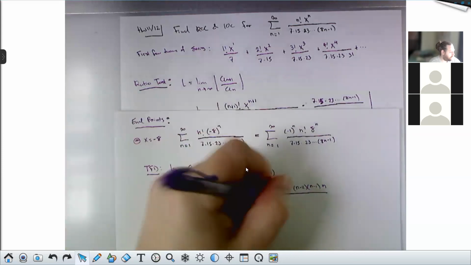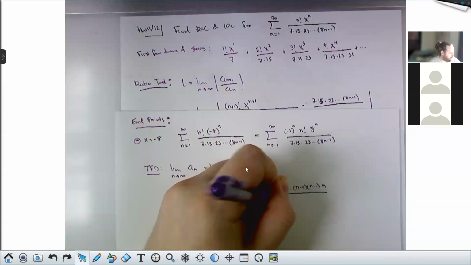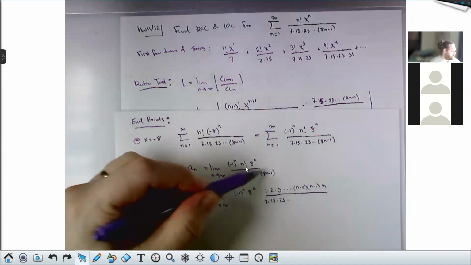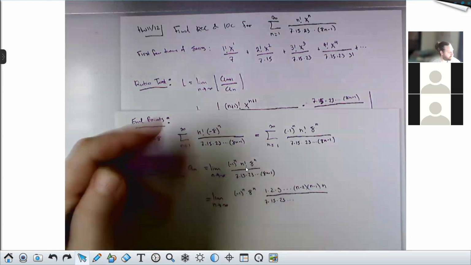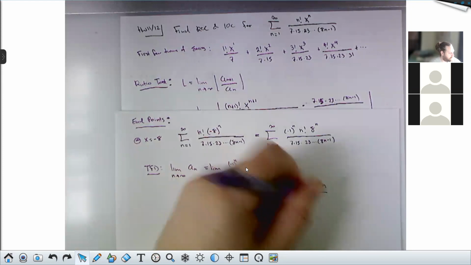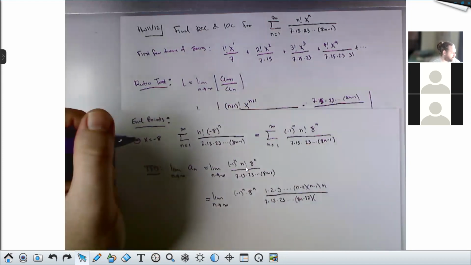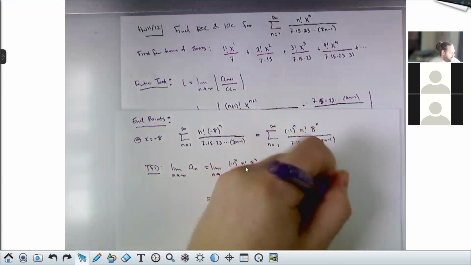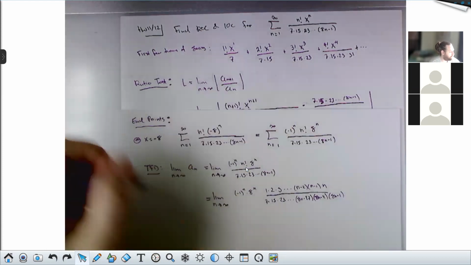And downstairs here I have 7 times 15 times 23, all the way out to, what is the third to last term in this product? 8 times n minus 2 minus 1, which is 8n minus 16 minus 1, which is 8n minus 17. And then we would have 8n minus 9. And then 8n minus 1.